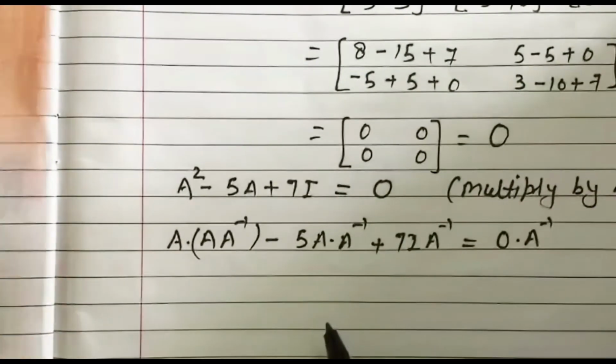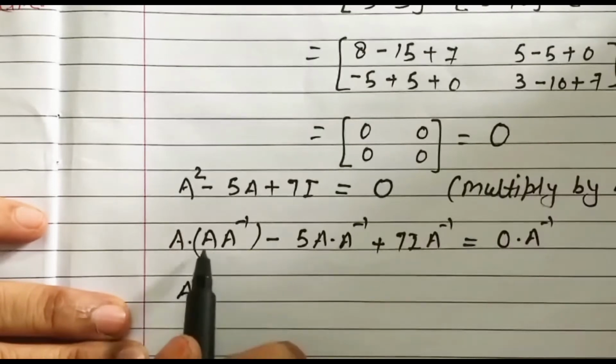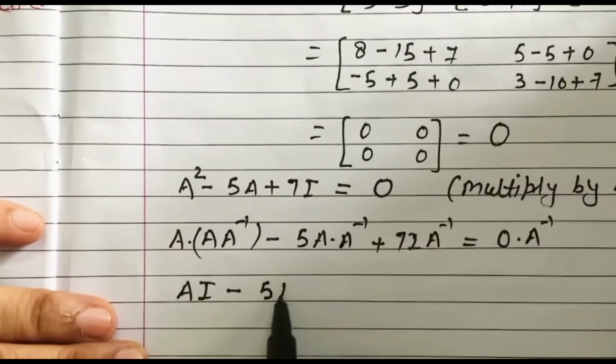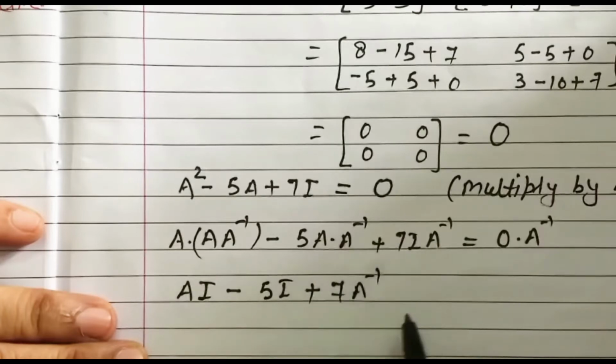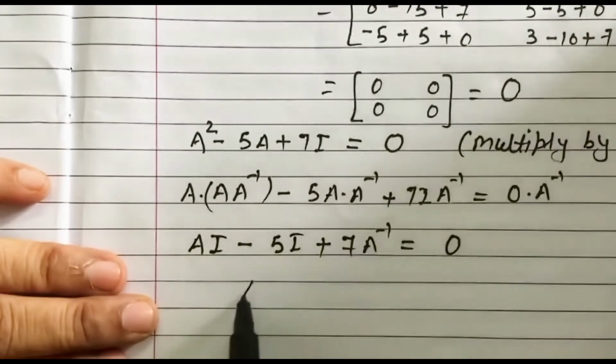You will get A as it is. A A inverse is the identity matrix, so minus 5 it's also I, students, and here plus 7 A inverse, and it's a 0 matrix. Okay. And now we have to find A inverse.